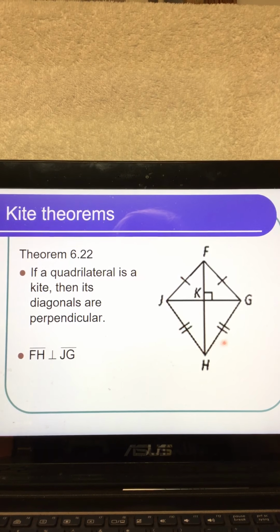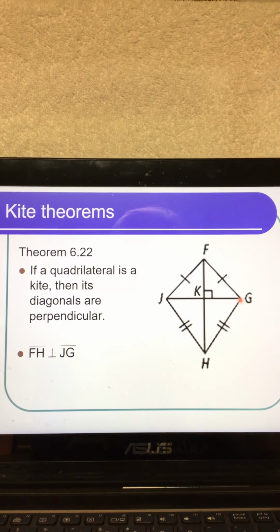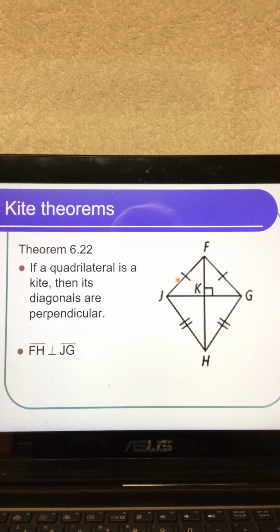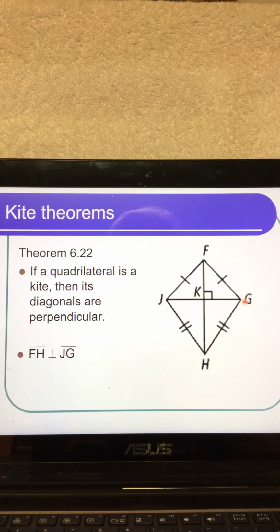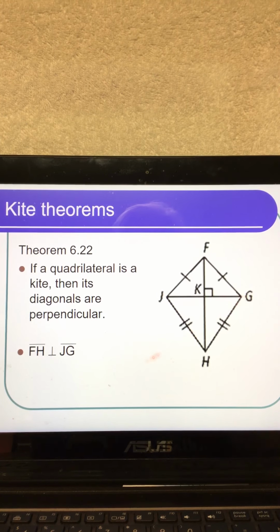If a four-sided shape is a kite, yes, this is a kite, then the diagonals will be perpendicular. Now that's what we said about rhombuses and squares also. But here's the difference. A kite is not a parallelogram, but it is a quadrilateral that has perpendicular diagonals. So FH is going to be perpendicular to JG.